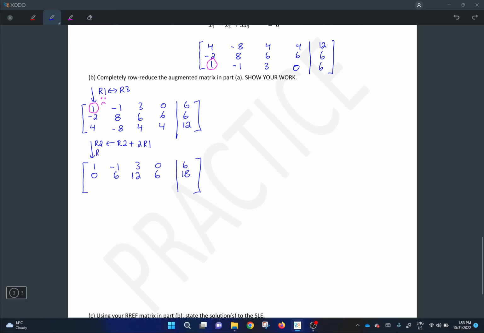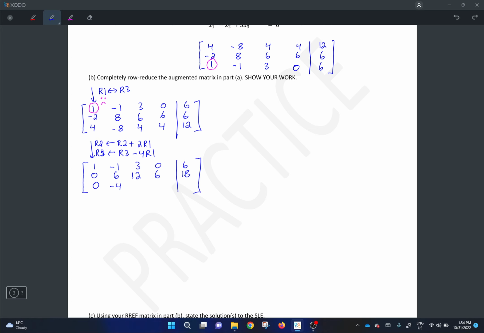In the same move, I'm going to replace row 3. I want to zero out that 4 that's there, so I'm going to replace that row 3 by row 3 minus 4 times row 1. So 4 minus 4 times 1, 0. Negative 8 minus 4 times negative 1, so negative 8 plus 4, negative 4.